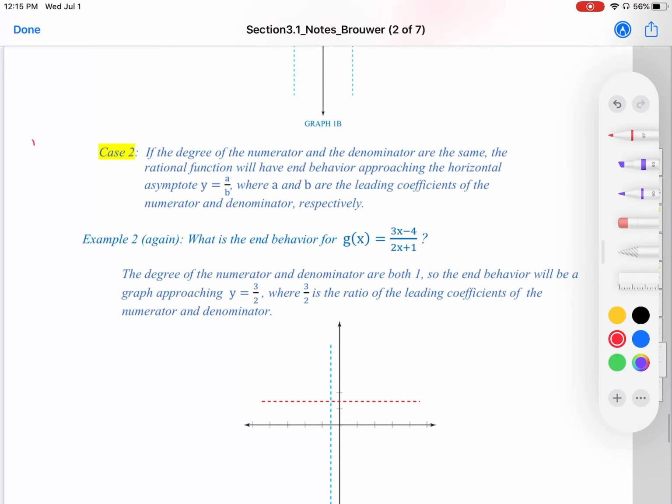Our second case for horizontal asymptotes, there are three to consider, is if the degree of the numerator and denominator are the same. The rational function will have an end behavior approaching a horizontal asymptote of y equals a over b, where a and b are the leading coefficients of the numerator and denominator.